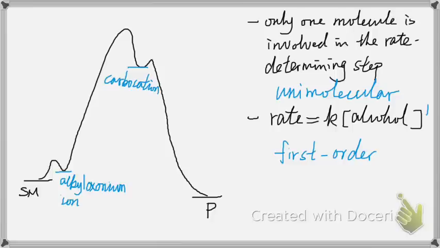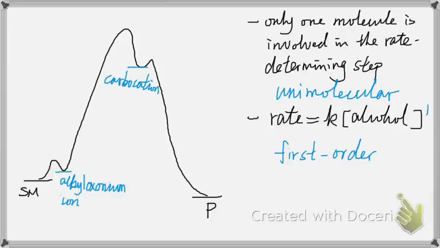So the overall rate of the reaction will be proportional to the concentration of the alcohol. It has nothing to do with anything else, just the alcohol. So we say the rate equals the rate constant times the concentration of the alcohol, and the exponent on the alcohol is 1.